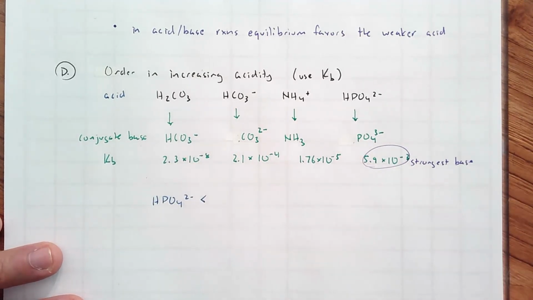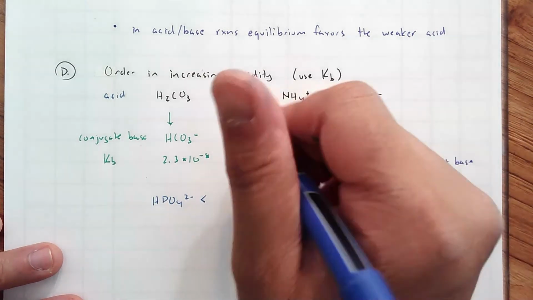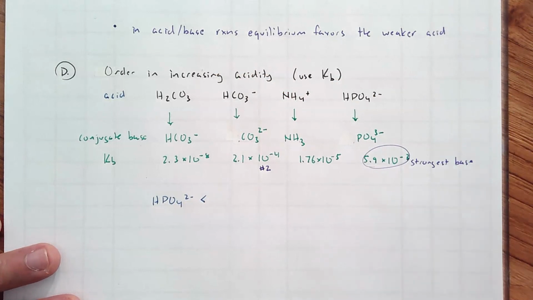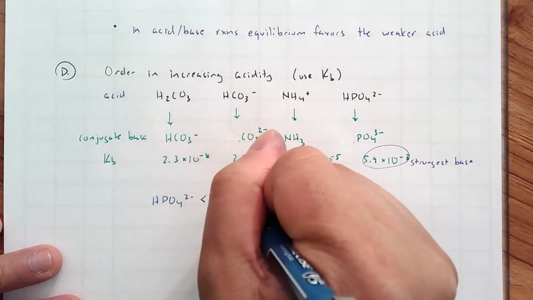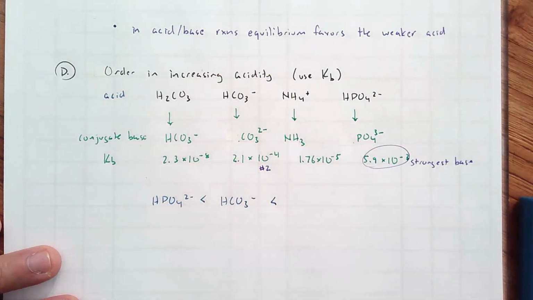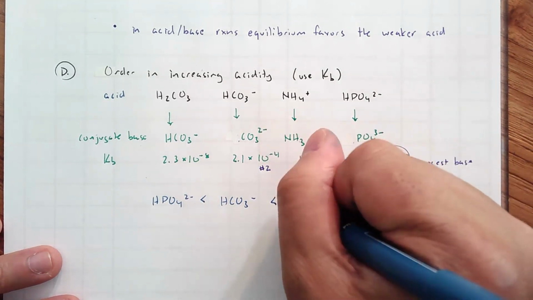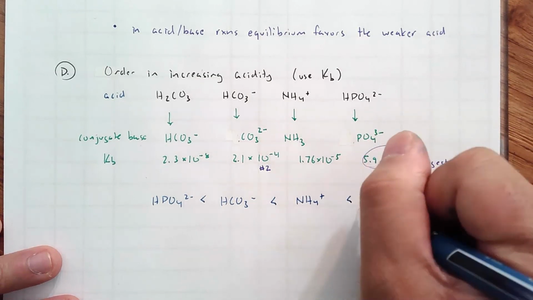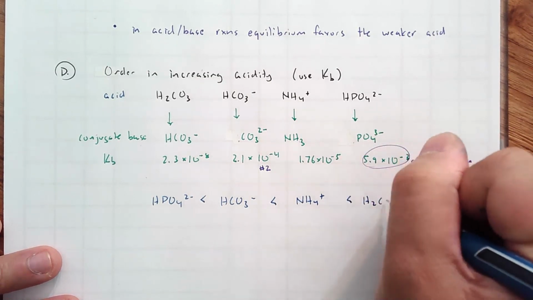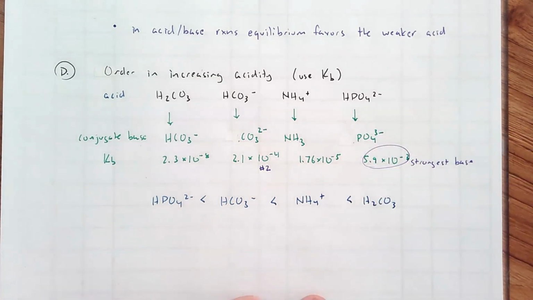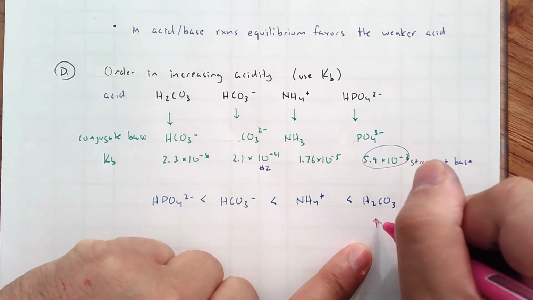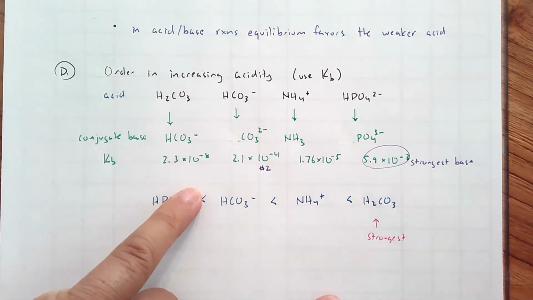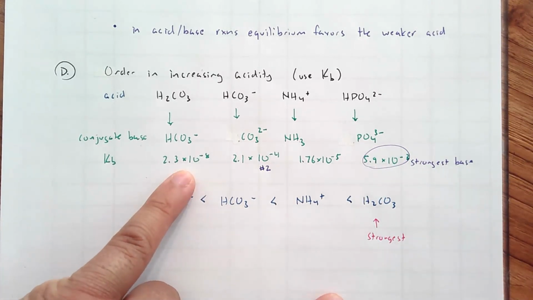Next is this one. We'll call this number 2. HCO3 minus, followed by NH4 plus, very interesting, followed by H2CO3. This is your strongest acid, right? Because it is the weakest conjugate base.